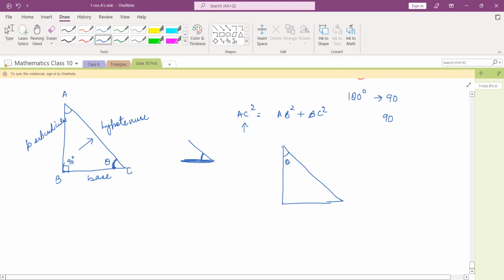Now this side is one of the legs of this angle, so this will become base, and then this one will become perpendicular, and this will always remain hypotenuse. Understand? So one of the legs of the theta will be called base.